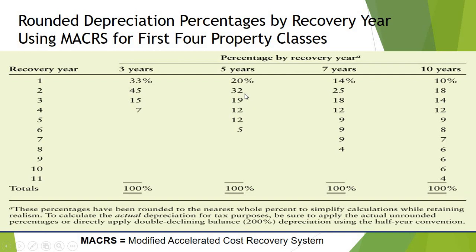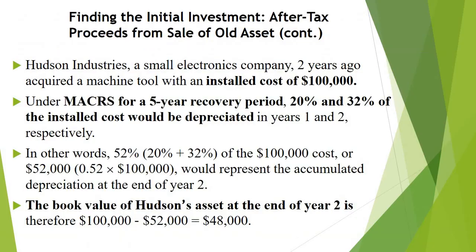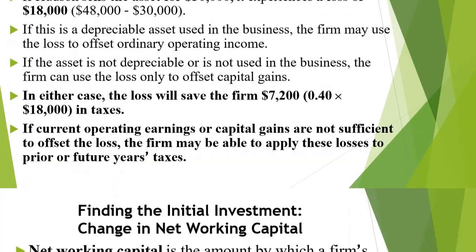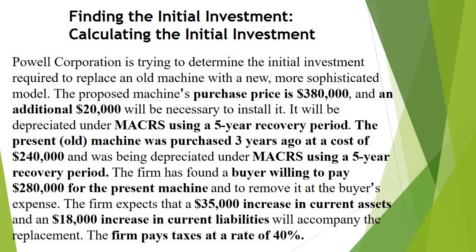So 20% plus 32%, that's 52%, plus 19%, that's in total 71%. So there will be a 71% depreciation on the installed cost of the old machine.